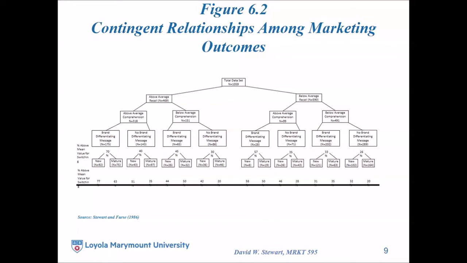Below average recall, below average comprehension, no reason to purchase, and a mature product. Only about 20% will switch. But notice how we're putting the data together to arrive at a final result. And by the way, that switching data I can now turn into market share. How many people switch to my product based on that ad?